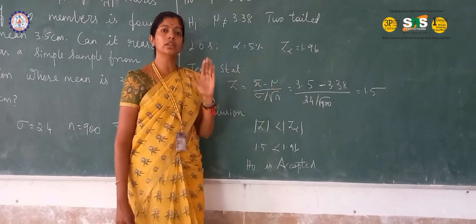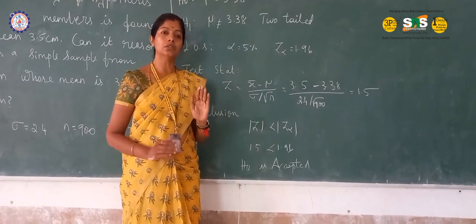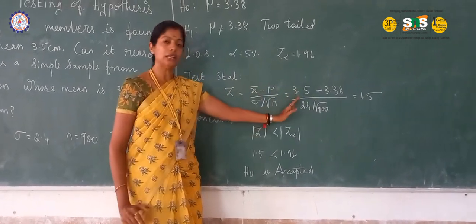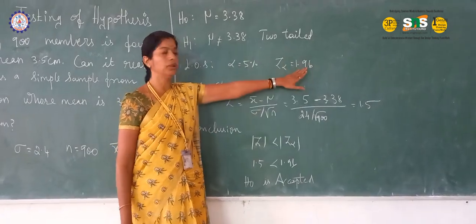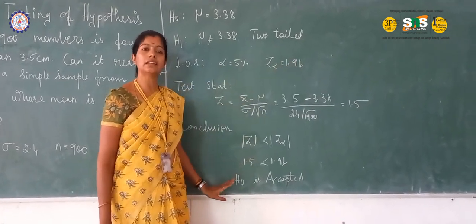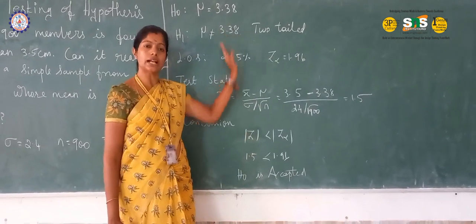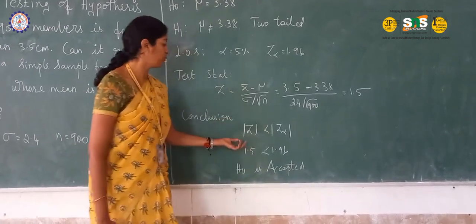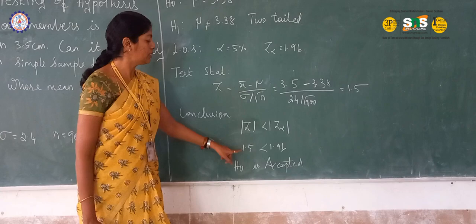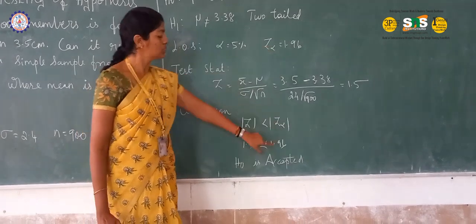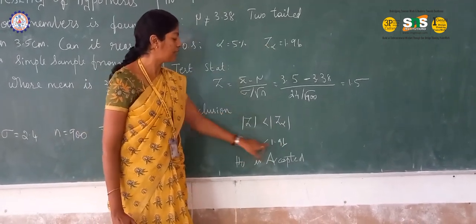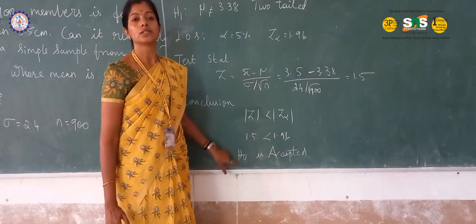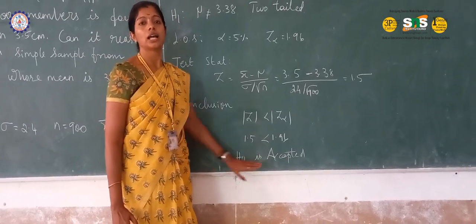Always, if the calculated value is less than the table value, we write H0 is accepted; otherwise we write H0 is rejected. For this problem, Z value is 1.5 and table value is 1.96. Comparing, we get the less than symbol, so we write H0 is accepted.